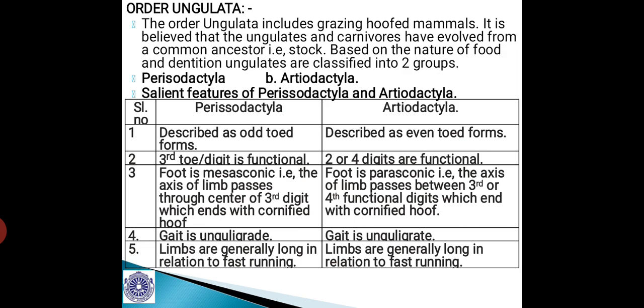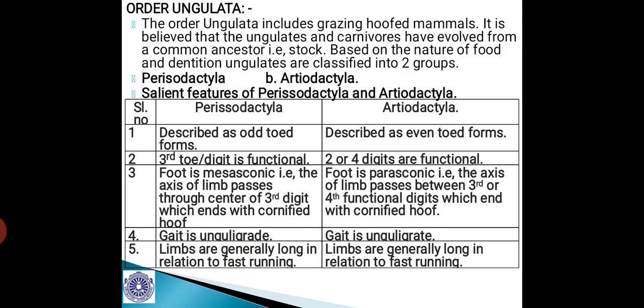Let us go through the salient features of these two groups, Perissodactyla and Artiodactyla, with the help of a tabular form. Coming to the first character, in Perissodactyla it is described as odd-toed forms. That means they have an odd number of toes in their legs.